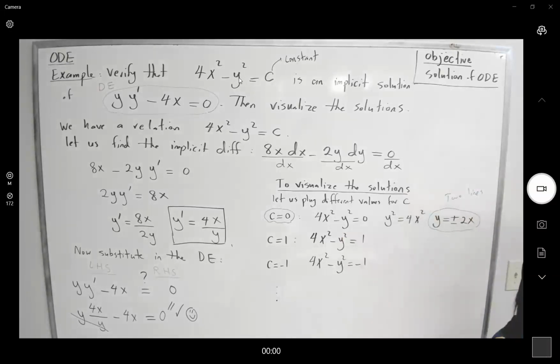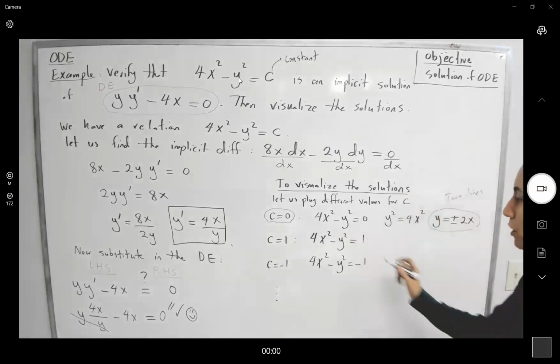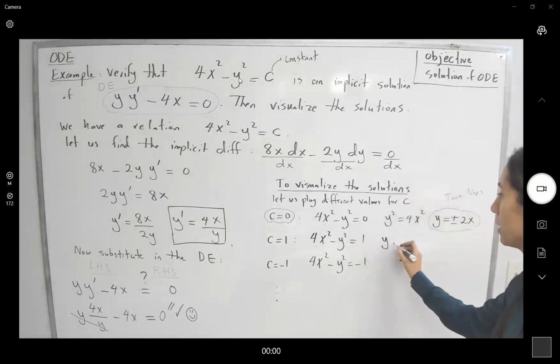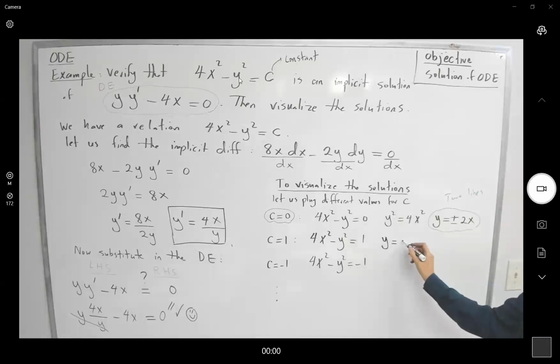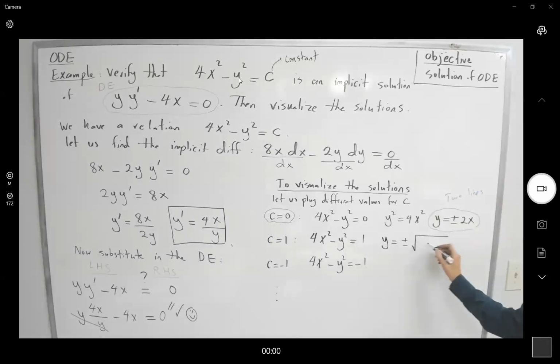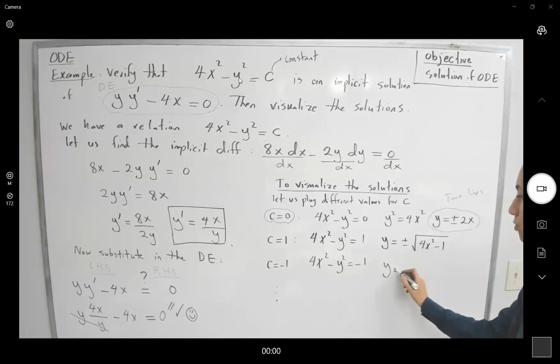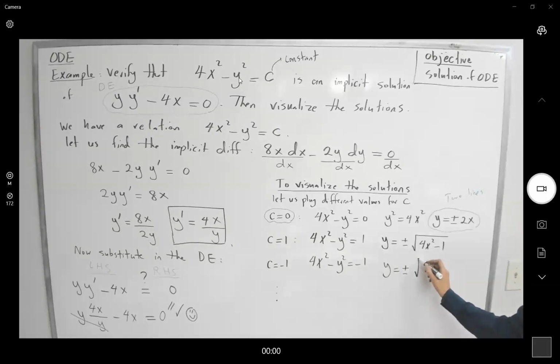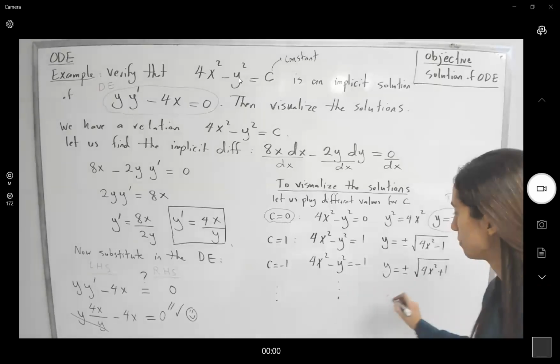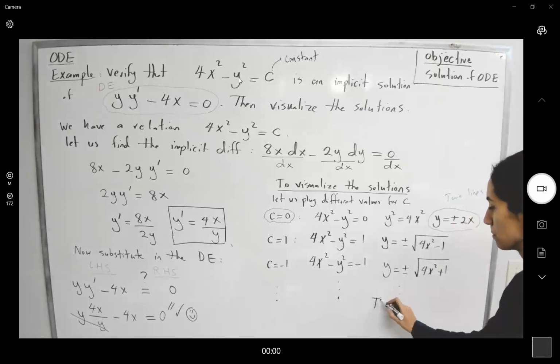But eventually, they're going to use technology to visualize everything. Here you can write it as y equals plus minus square root of 4x squared minus 1. y is equal to plus minus square root of 4x squared plus 1, and the rest of the solutions.